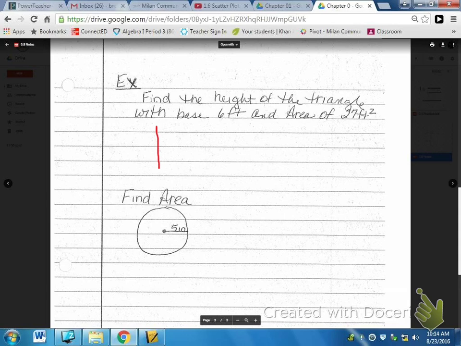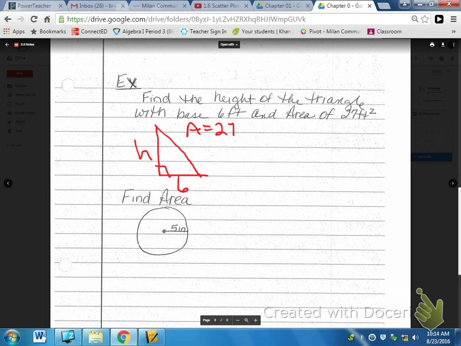So, I always like to draw pictures. They help me see what's going on. So I'm going to use a right triangle because honestly that's probably the easiest. I'm going to say that my base down here is 6, and I don't know the height, but I know that the area is 27.